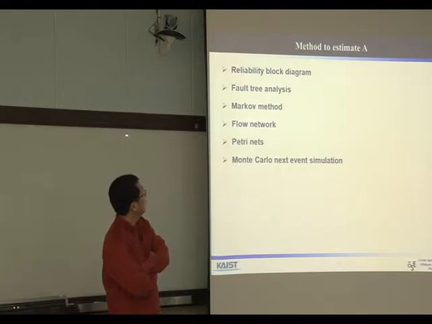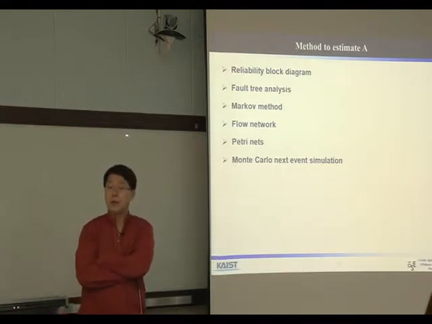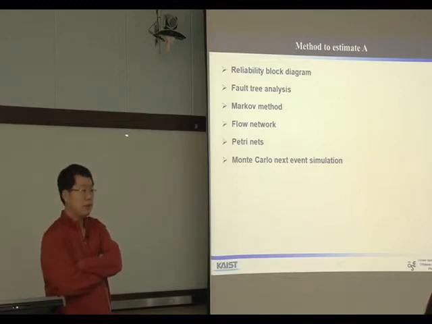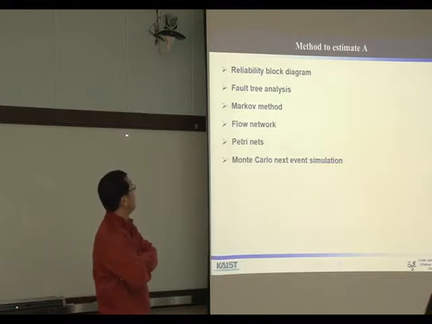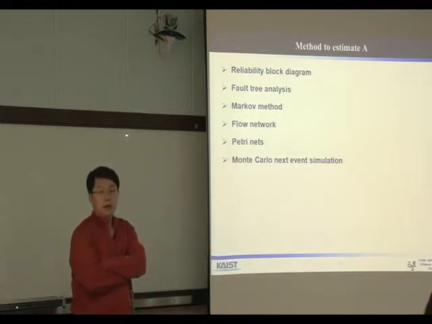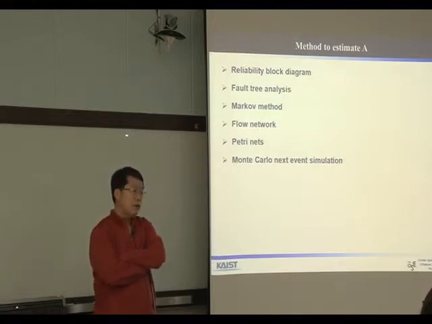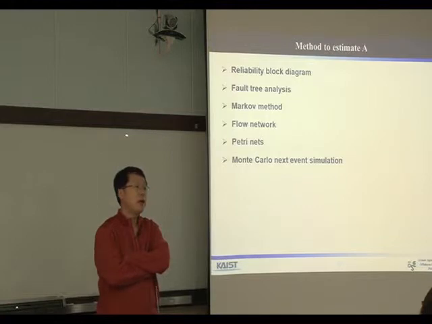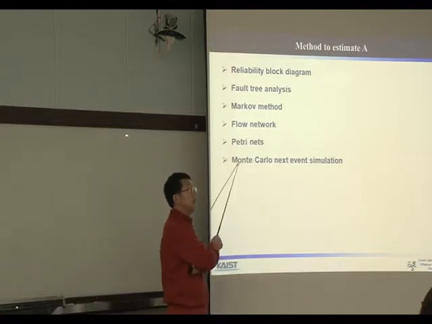So estimating plant availability based on a Markov process is limited. Reliability block diagram or fault tree can be used, but usually we use the reliability block diagram. And the embedded method is Monte Carlo next event simulation.